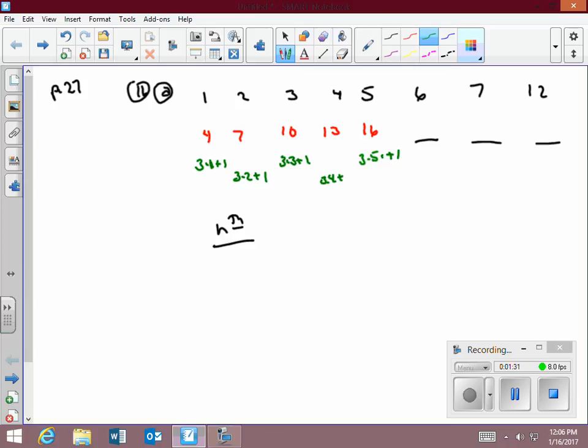So then this 6th term, if you took 3 times 6, 18, and add 1, it'd make it 19. And 3 times 7, 21, gives you 22. And 3 times 12 is 36, and add 1 is 37. So the nth term is 3n plus 1.